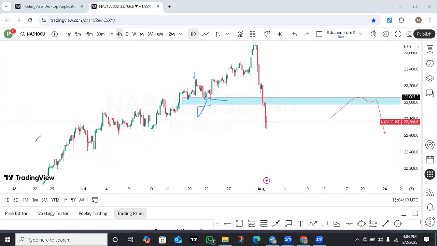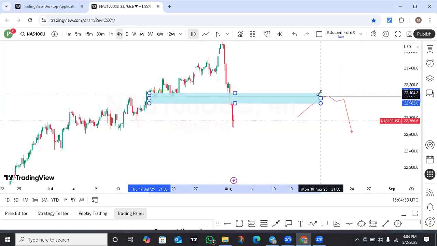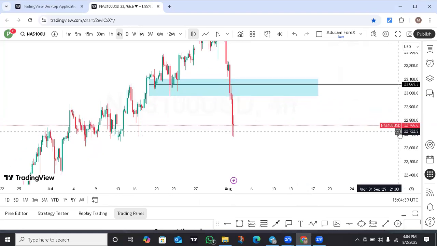However, I'm not going to consider the setup on the H4. Why? Because we have a similar setup as well on the daily time frame. Like I said, I'm going to consider this one.